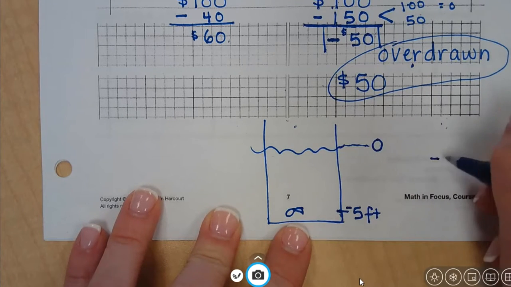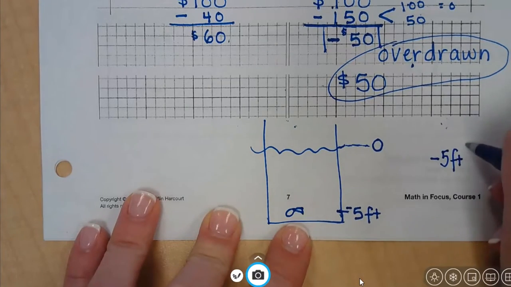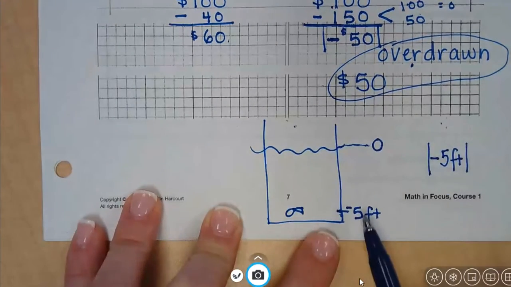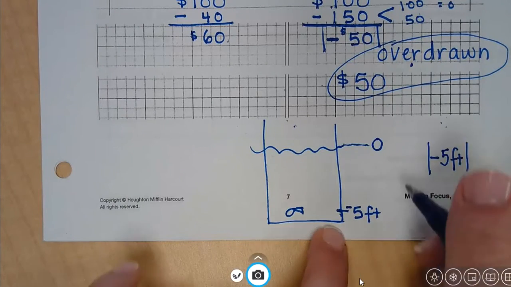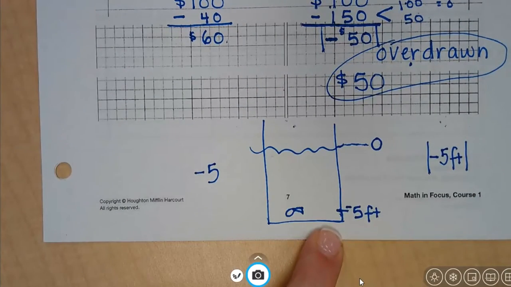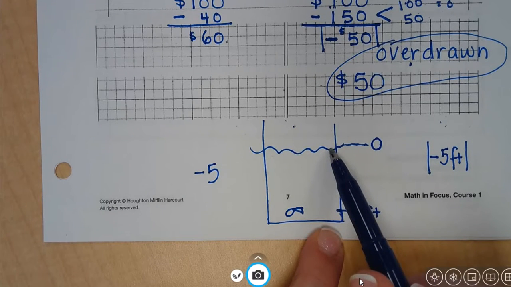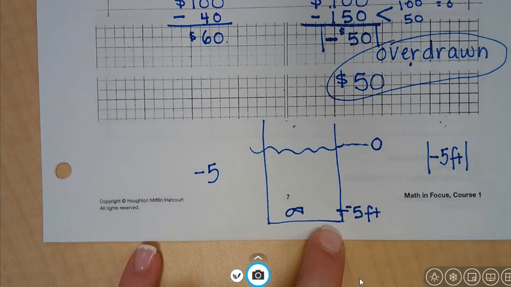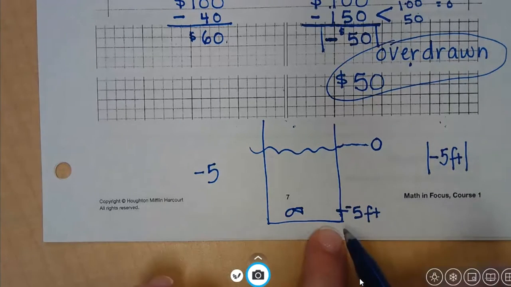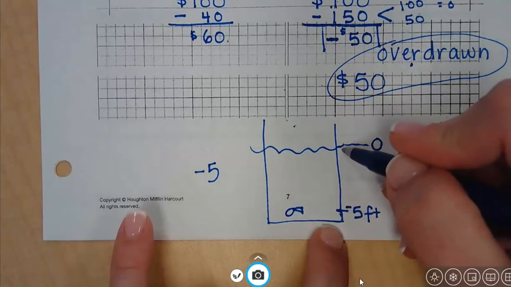So if I was going to determine that, what you're actually doing is taking absolute value. So if I said it's 5 feet below, you would represent that with a negative 5. Because that's 5 feet below the level of the water. And then if I said I want to know how far it is from the level of the water, then you're saying you want to know the distance to 0.